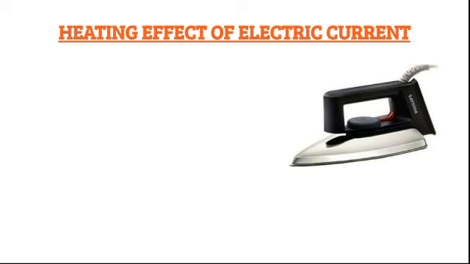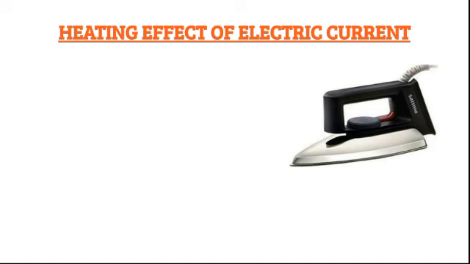Iron box is a familiar device which utilizes heating effect of electricity. Will an iron box get heated up well soon after it is switched on, or will it take some time? It would take some time to get heated up well.